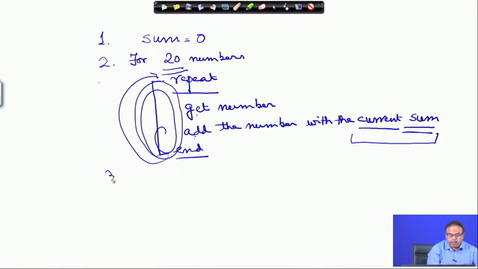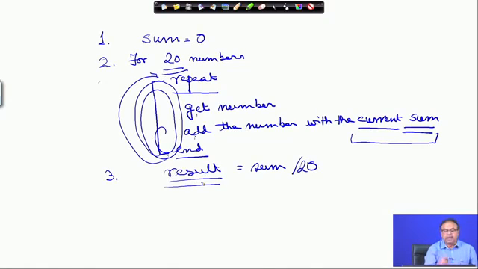So, next I come and I say result is sum divided by 20. So, that will be my result, and then I can announce the result, print the result, whatever.